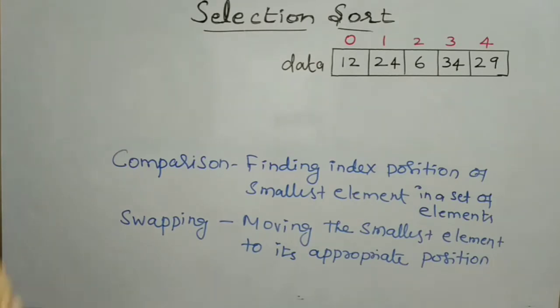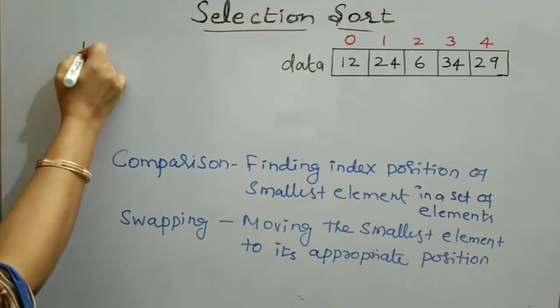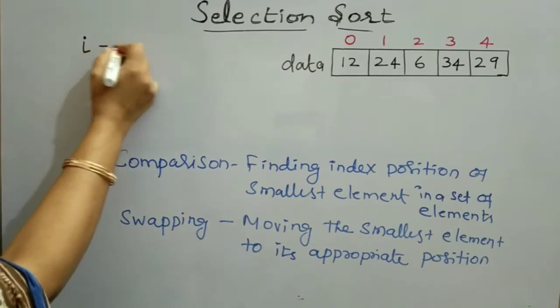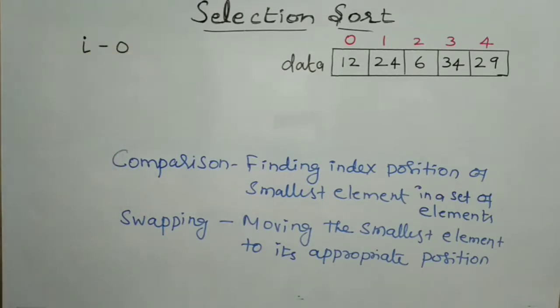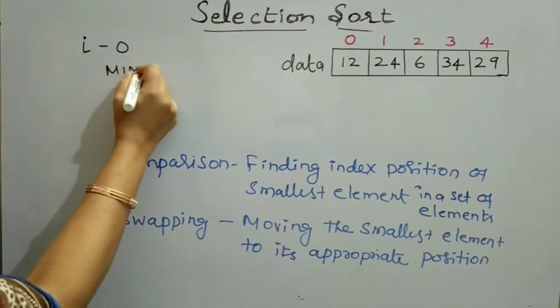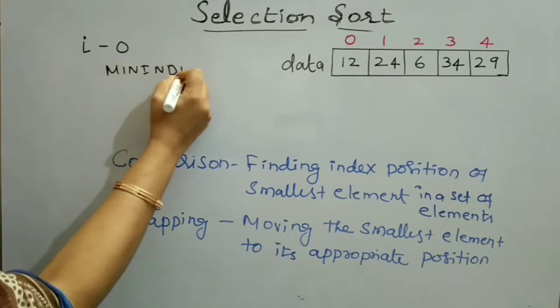For example, take an element in position I. I am going to consider the starting element in the array, in the index position 0. I assume this minimum index. These are all the variables which I am going to use.